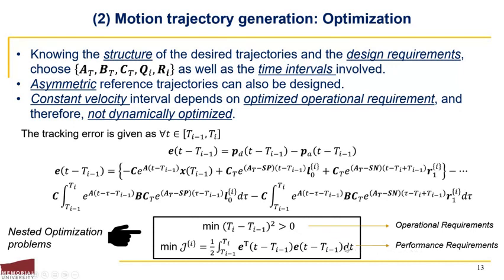Note that the constant velocity interval is not usually optimized since it is dictated by the imposed operational requirements. Interestingly, asymmetric reference trajectories can be obtained by simply having the acceleration and deceleration intervals different. Solving the shown optimization problem will be investigated thoroughly in a separate study.